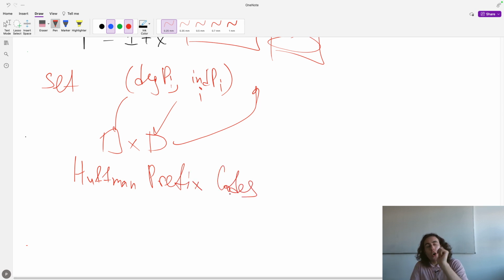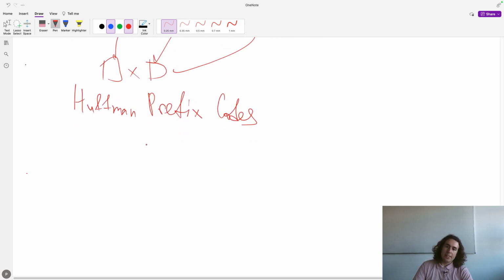When we're trying to encode a bunch of words using binary strings so that no code word is a prefix of another, we also construct some tree, and we always take the two words that appear the least number of times, and we combine them together into one word, and then we continue, and we get this tree structure.